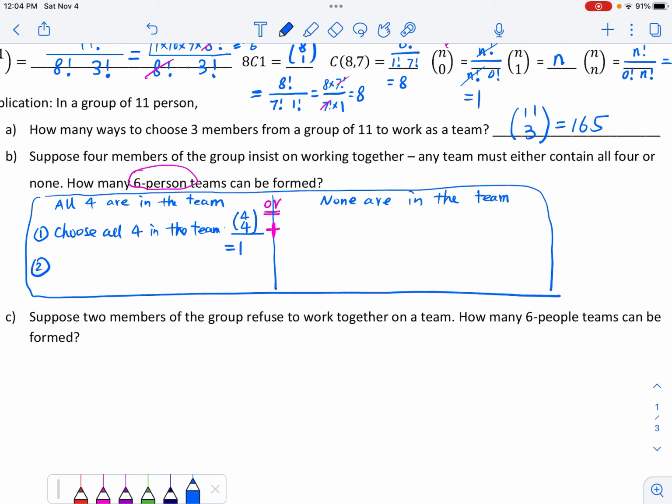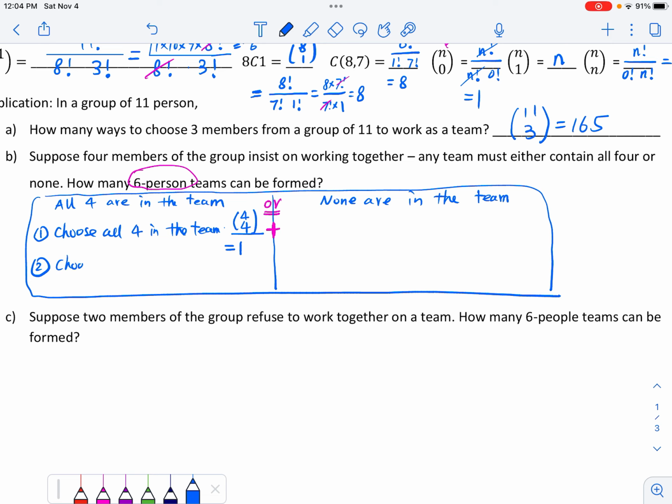Step 2, we have 2 remaining need to be chosen to form this 6-person team. And the last 2 persons have to be coming from the remaining, after 4 chosen, 7 people left, right? We need to choose 2 persons from the rest of the 7 persons.